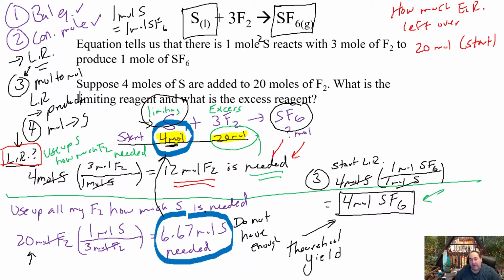Because I did this calculation to figure out which one's the limiting reagent, I already know that 12 moles of it is needed. That would tell me that I would have, I'm going to try it without the calculator here, 8 moles of my F2 in this case left over. And that's my excess reagent, which I also could convert to grams if I use the molar mass of fluorine to do so.